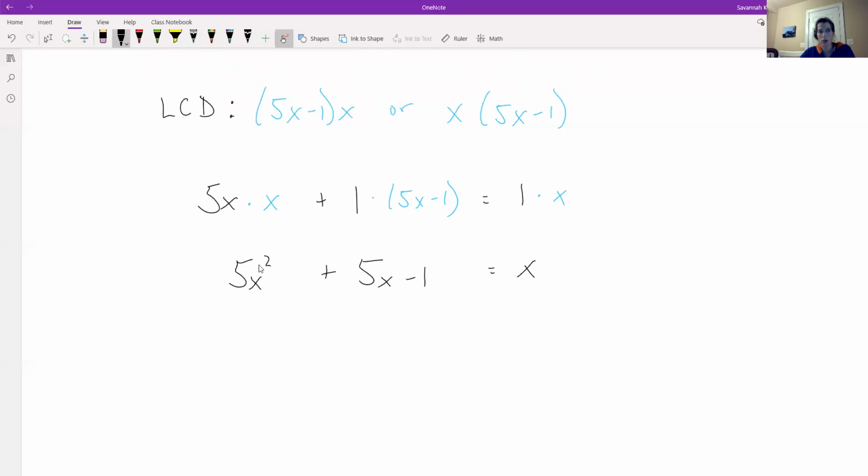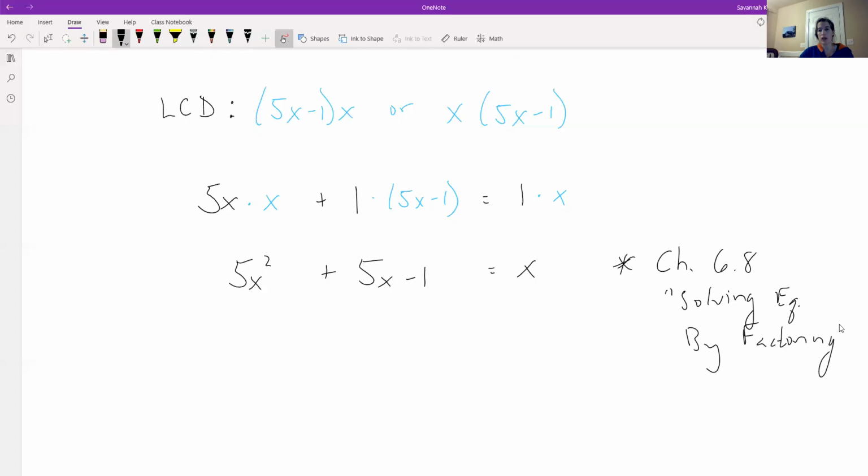Anytime you see an x squared, the good possibility you're going to have to factor this. So this is like chapter 6.7, which was solving equations by factoring.